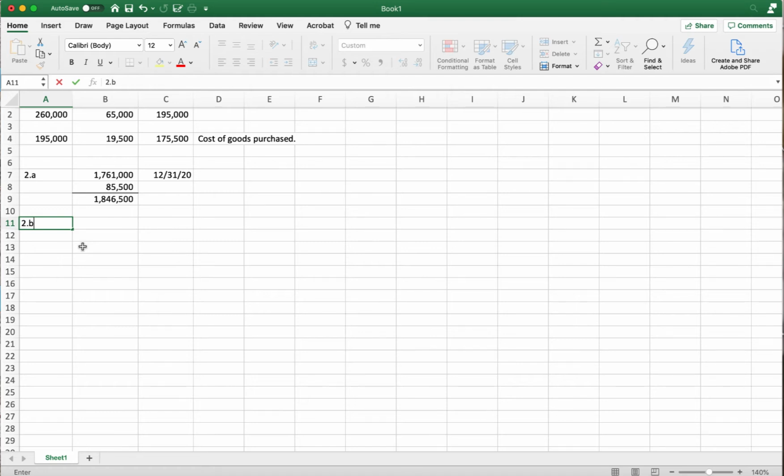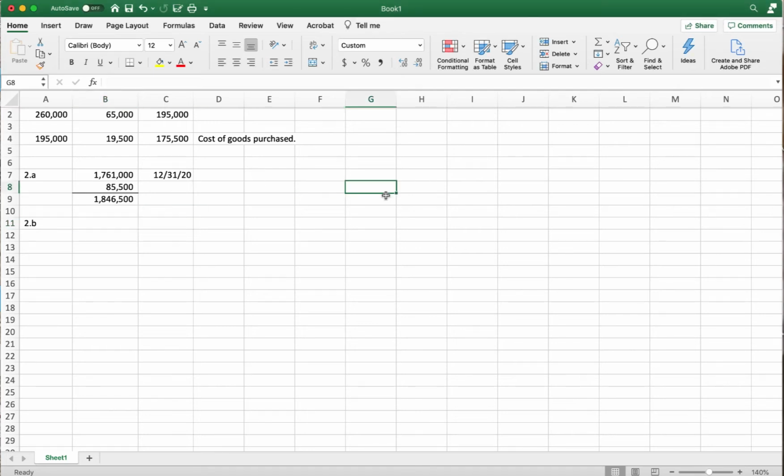2B says that we have $61,000 of goods billed to Douglas Corp. FOB shipping point on December 31st, 2020. The carrier picked these goods up on January 1st, 2021. Let's think about it this way.